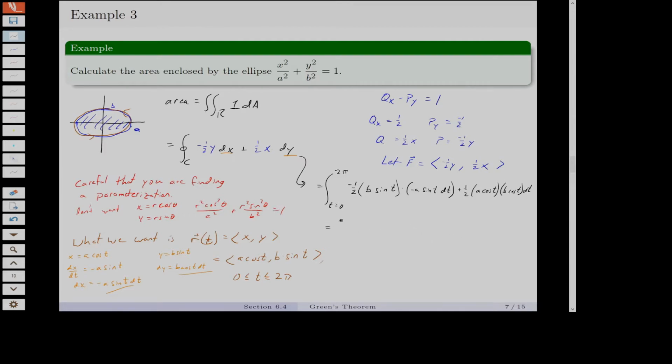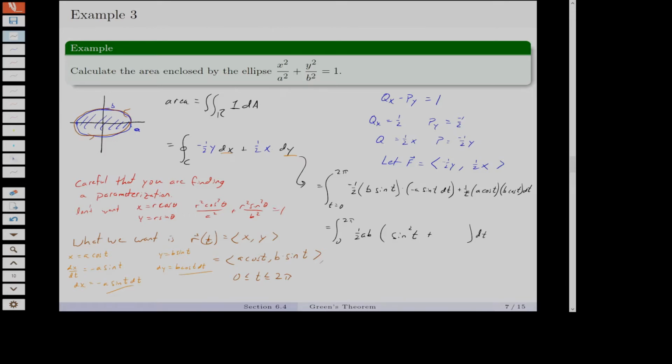Okay, so before I start integrating, I'm going to simplify this a little bit. I'm going to factor. Both of these terms have a dt in them, so I factor out the dt. And they both have a half, an a, and a b in them, right? Half ab. The negatives on the first term cancel, so I factor out 1/2 ab, and in this first one I'm left with sine squared t.